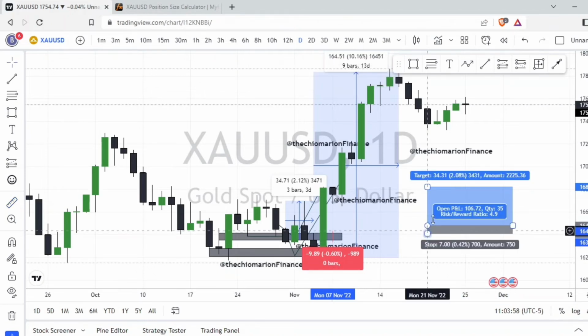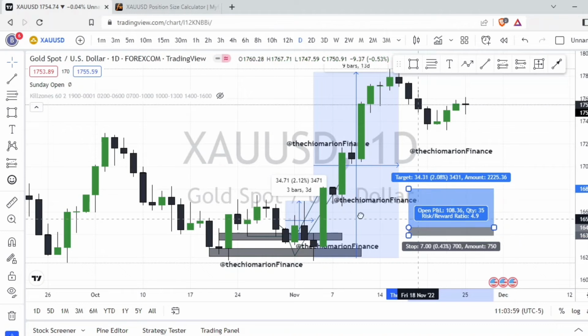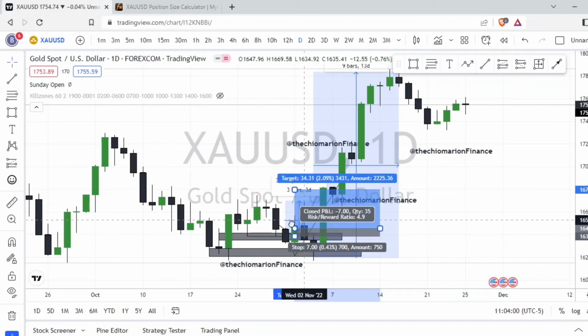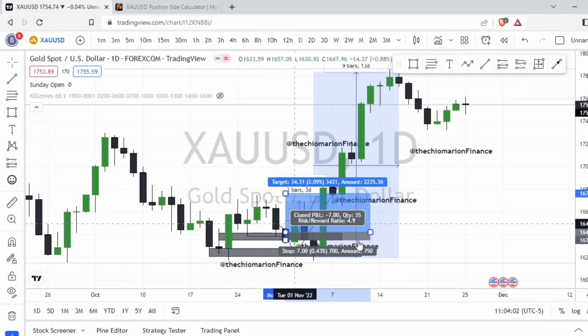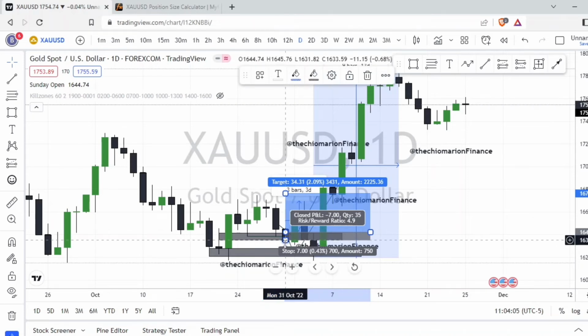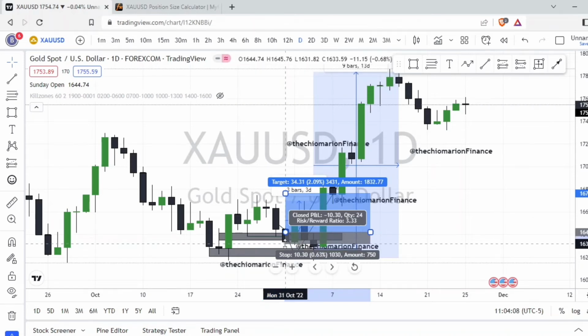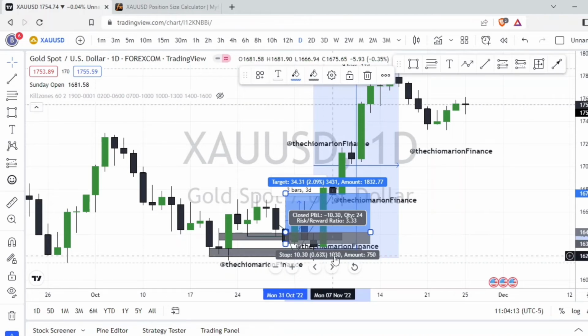If you're using your risk to reward tool and you input it at the particular place you want to take that trade, when you set your stop loss, this number here, 1030, is equivalent to 103 pips for this particular trade.